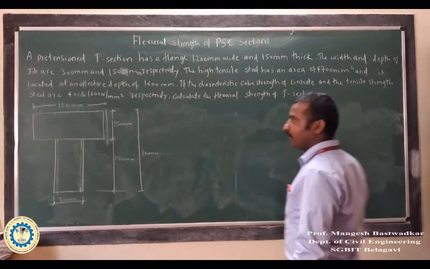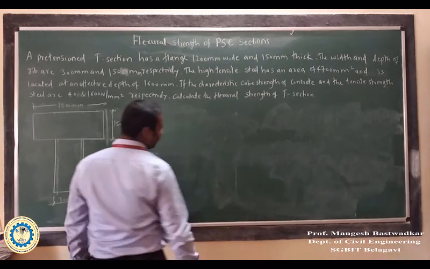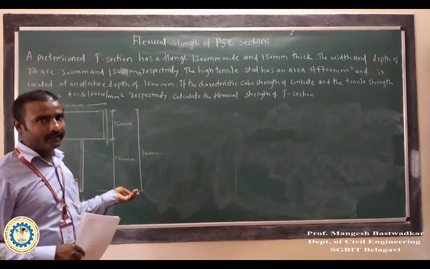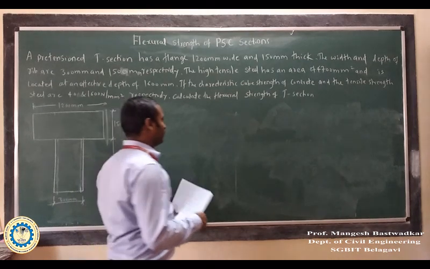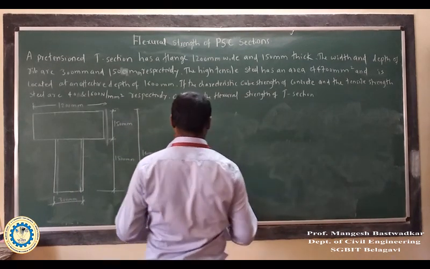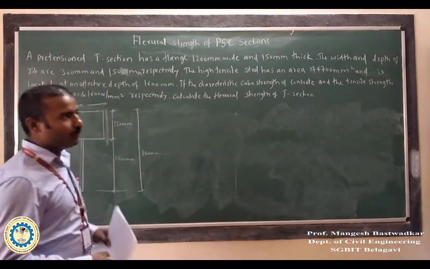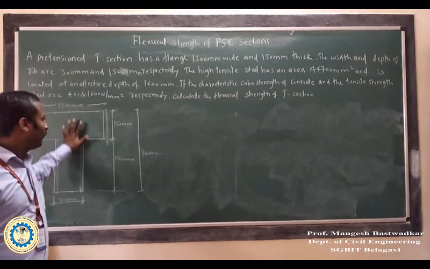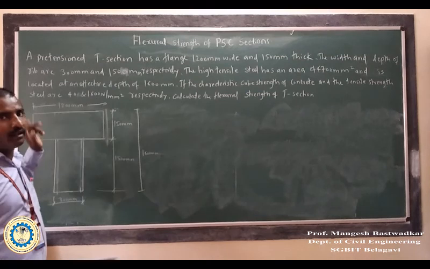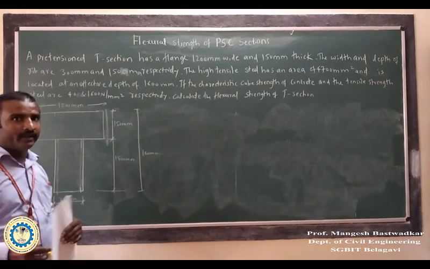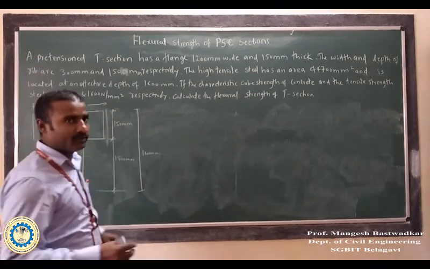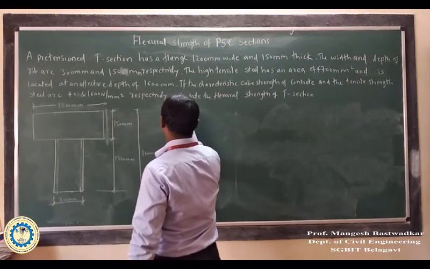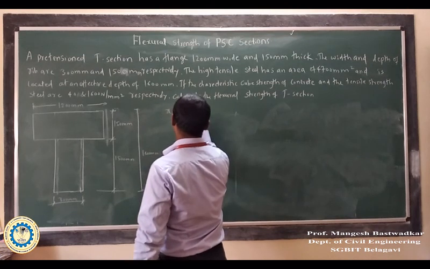Now our assumption was not correct. The depth of neutral axis lies below the flange. First we will write this statement: xu is greater than df.